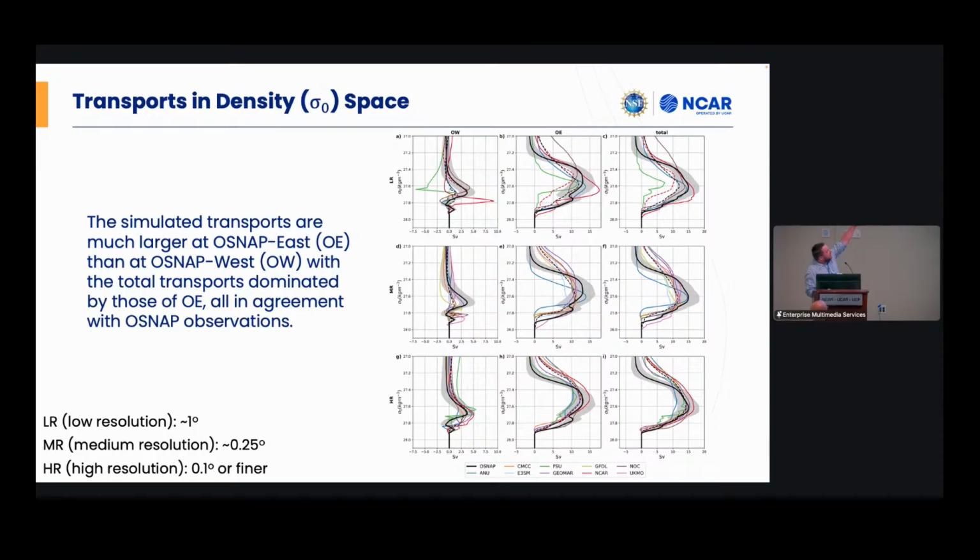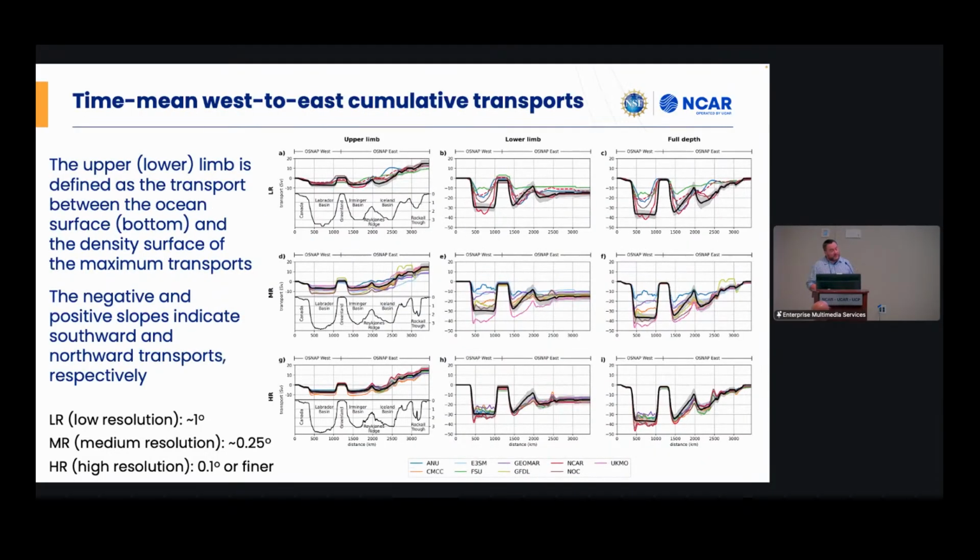You can also see qualitative improvement going from the low resolution, where you have models that tend to be a little bit crazy. One of them is POP, by the way, the red line, the 1 degree POP. When you move to finer resolution, the models tend to agree better among themselves and also with the observation.